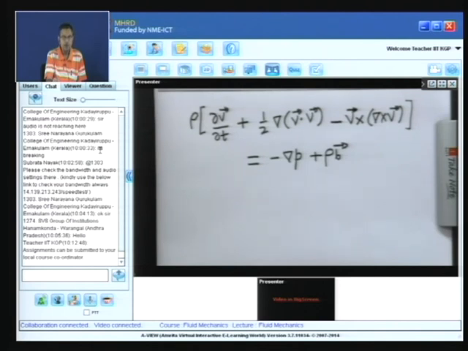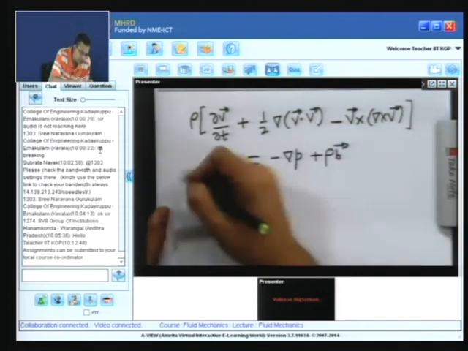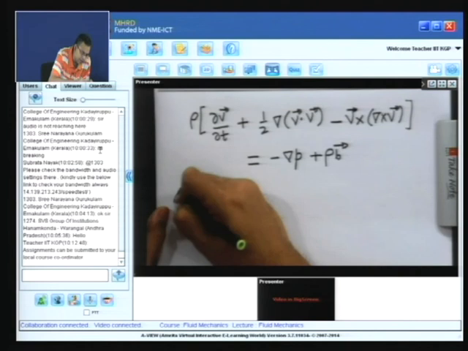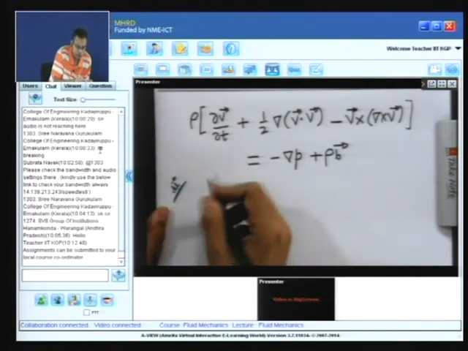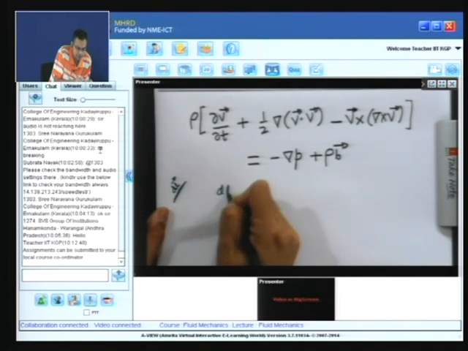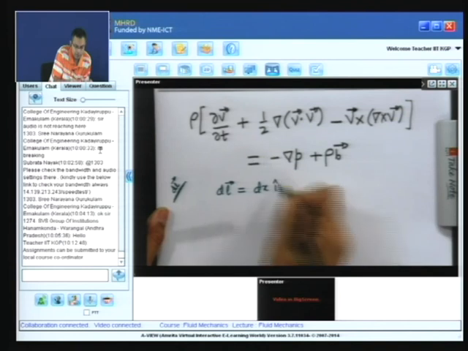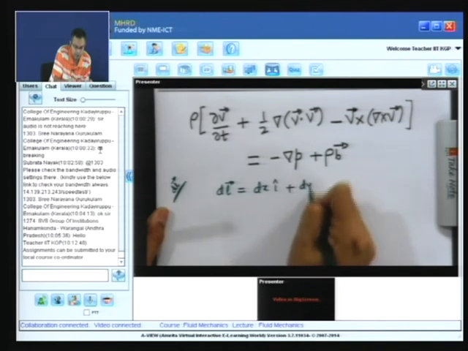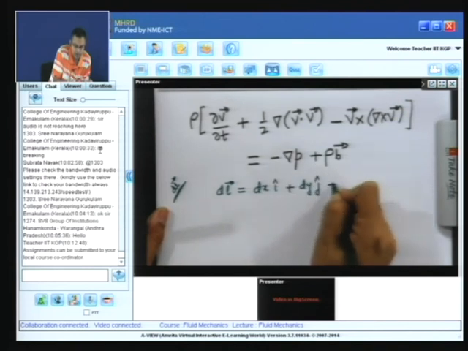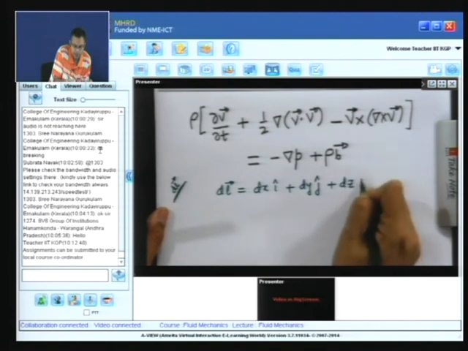Next what we do is, we want to consider a small line element dl, which is the vector element. So, dl is dx i plus dy j plus dz k.